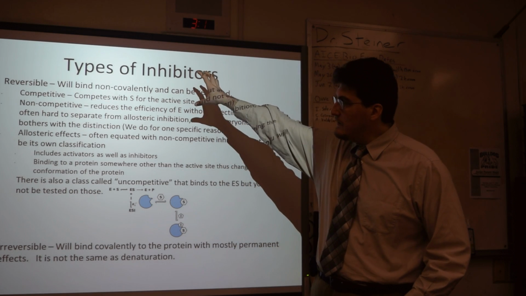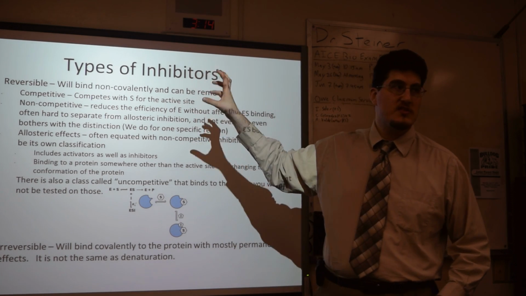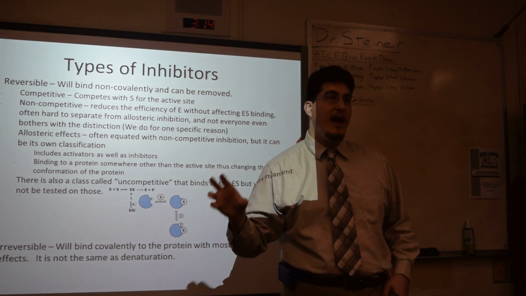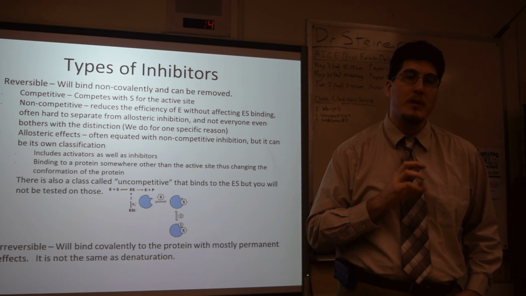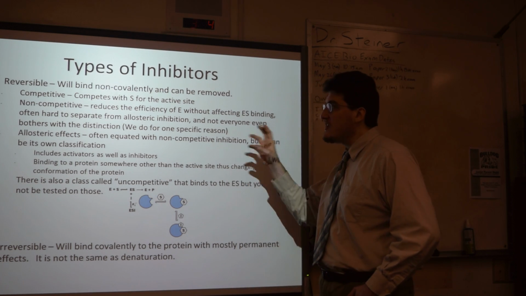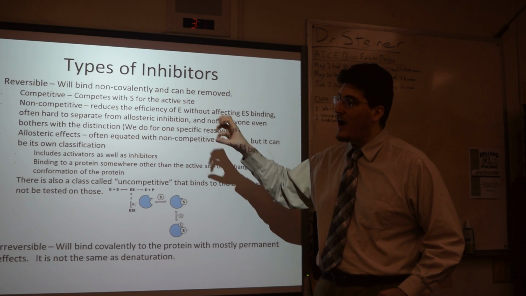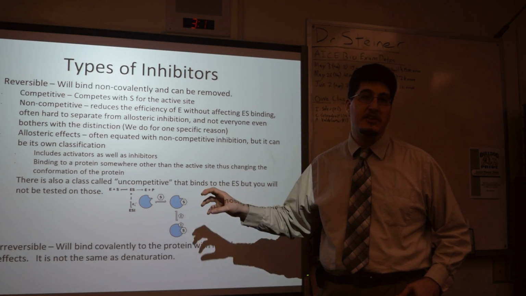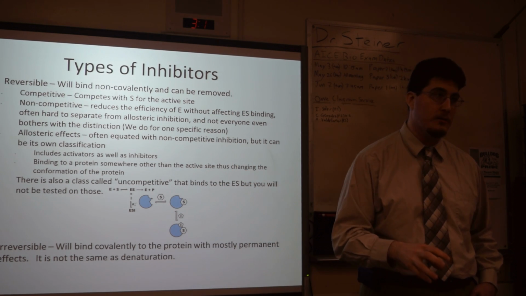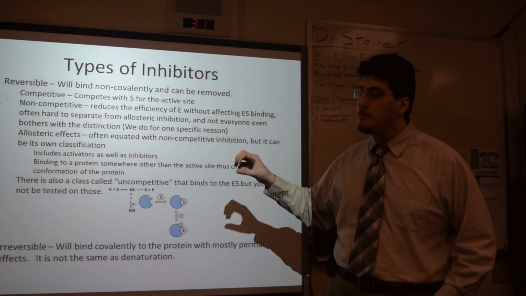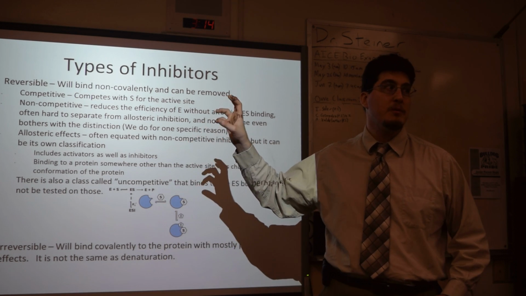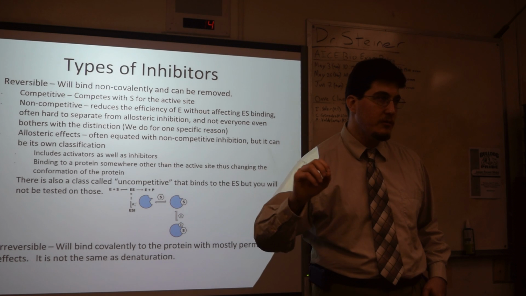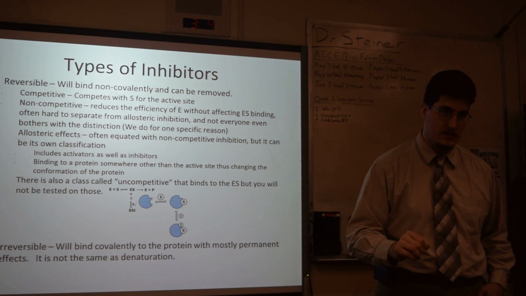It doesn't compete and it doesn't change the binding of enzyme and substrate. Enzyme-substrate binding has already happened. So it is not non-competitive and is not allosteric, because the enzyme-substrate complex has already formed. Allosteric and non-competitive both happen before the enzyme-substrate complex has formed.